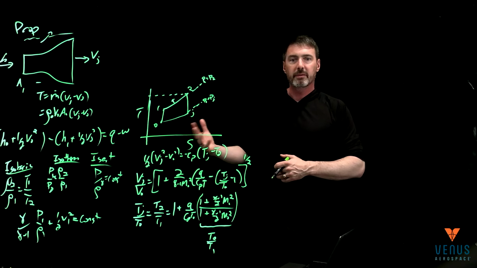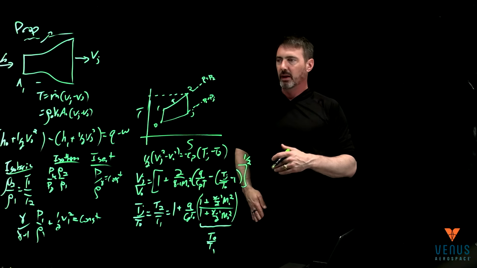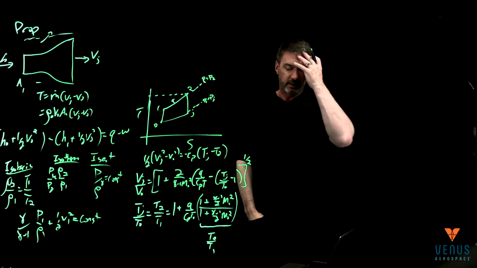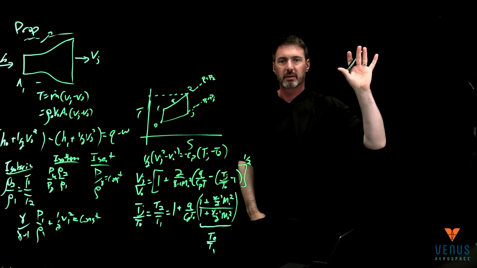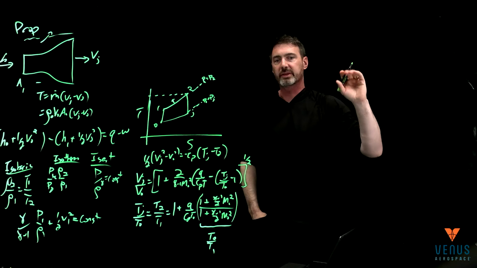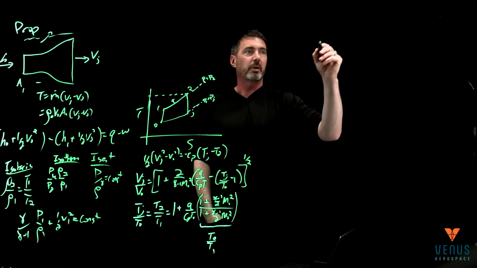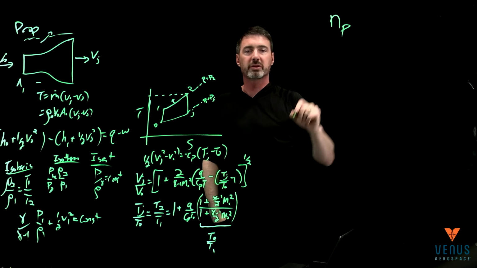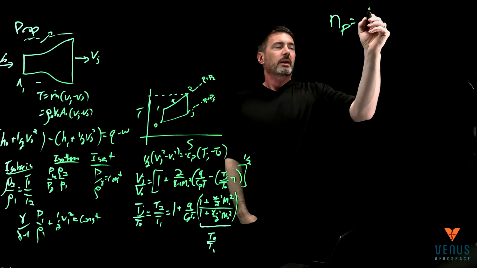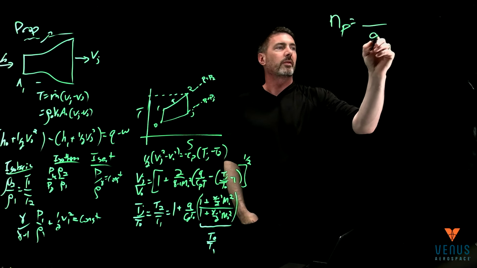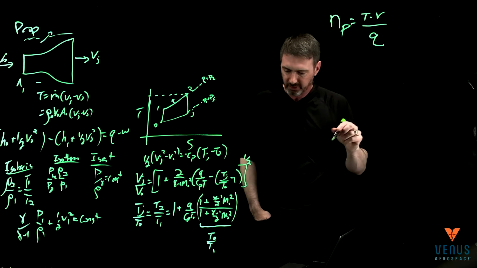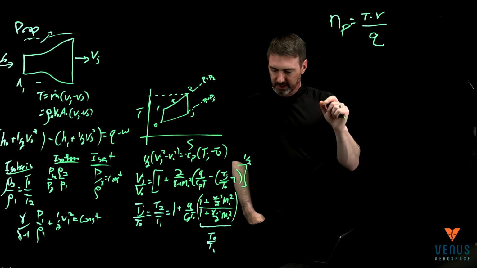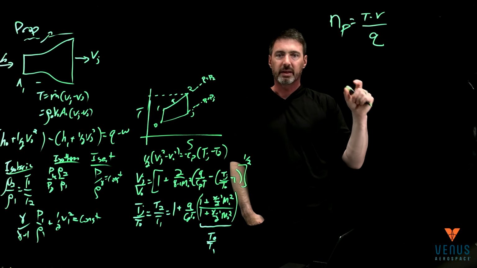But the full efficiency of this whole process, if we want to go back and say what are we really trying to look at? We're trying to take a look at what's the thrust energy, and how is that comparing to the energy that we put in. So the propulsion efficiency is divided by that Q, and it's kind of the thrust times velocity. But it's going to have two terms: a thermal portion and a kinetic energy portion.